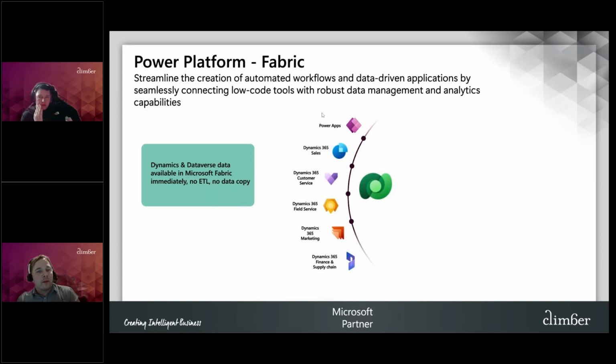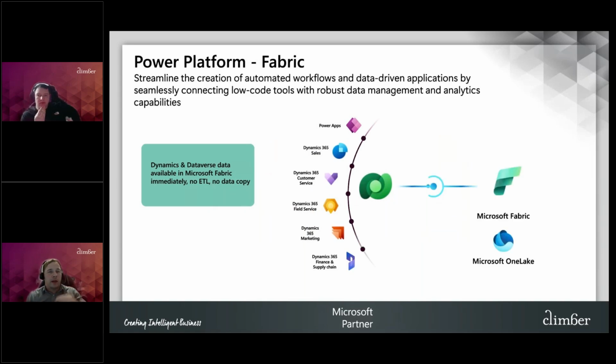And then Power Platform and Fabric. So we can streamline the creation of automated workflows. We've got Power Apps, Power Platform, and we've got Fabric, and Fabric can pull data out of there. So as part of some of our workflows, we can have applications that are saving data into Dataverse.